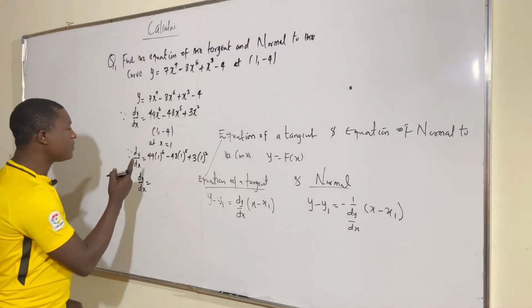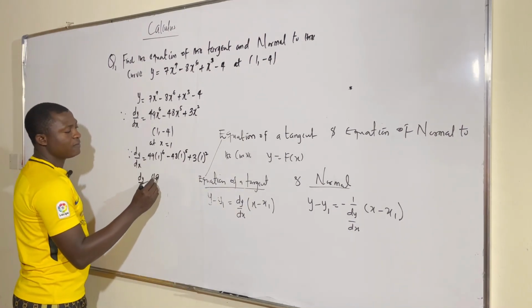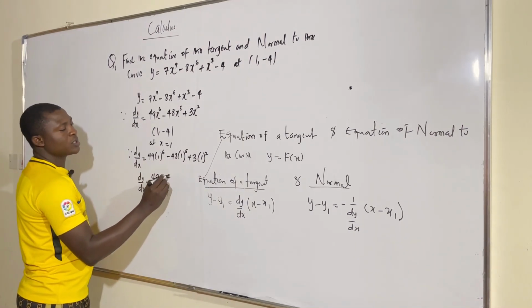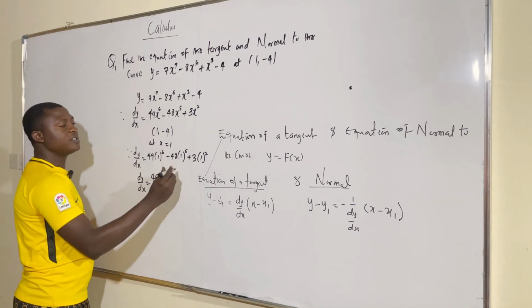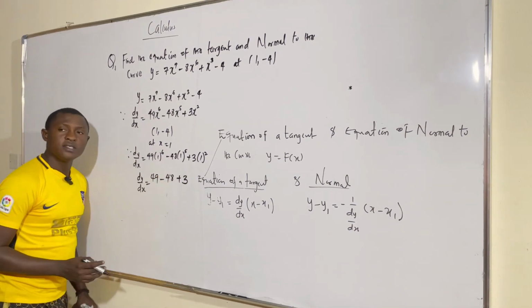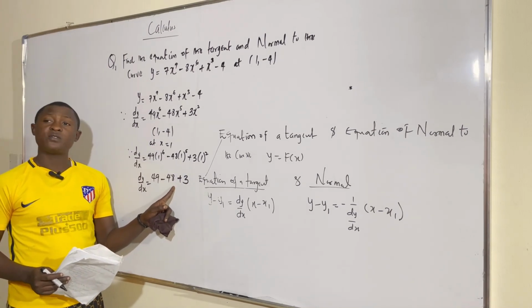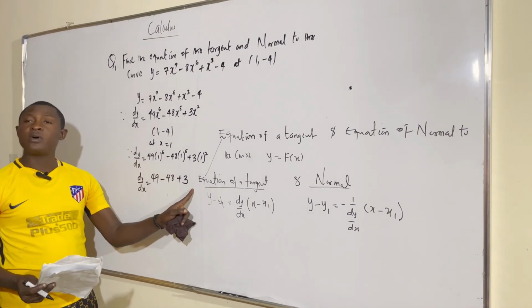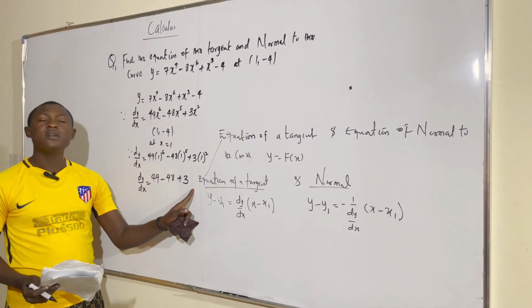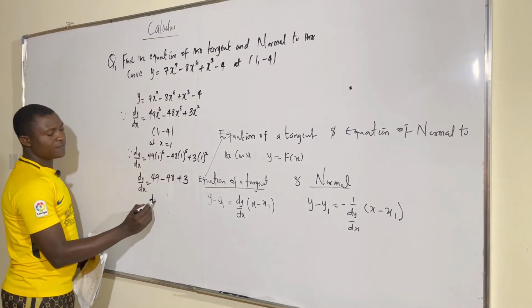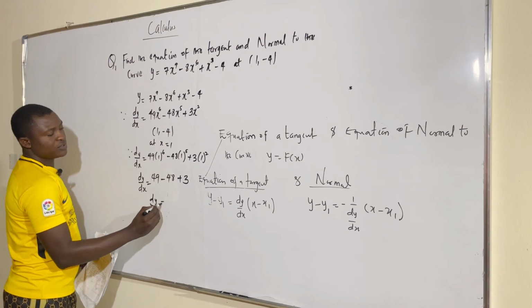So 49 times 1 is 49, 48 times 1 is 48, then 3 times 1 is 3. 49 minus 48, we are going to have 1. Then 1 plus 3 is 4. So our dy dx now is equal to 4.